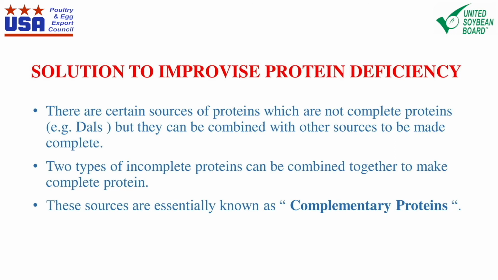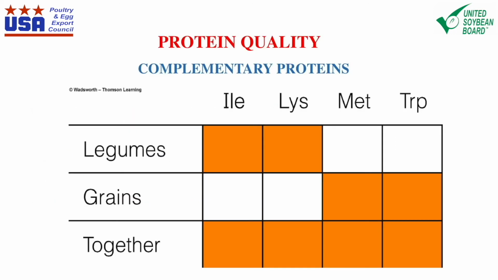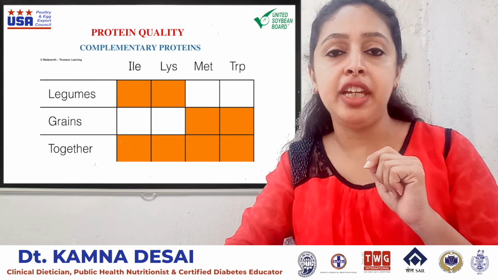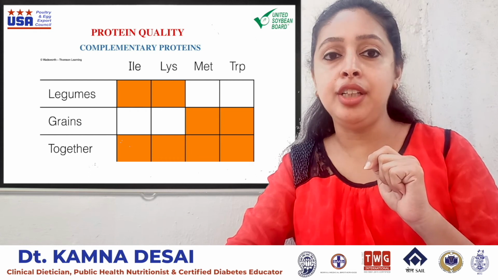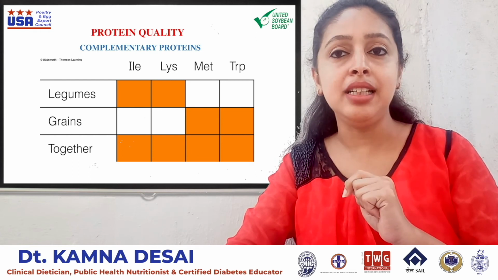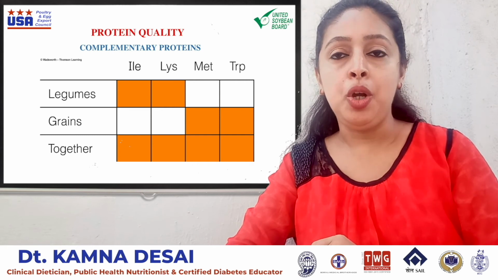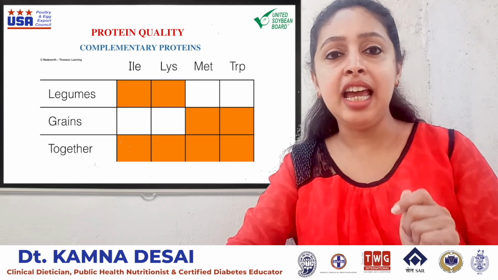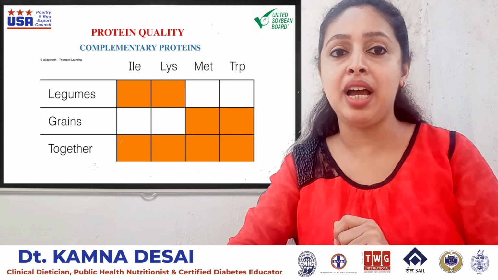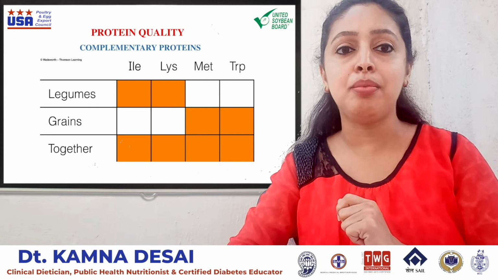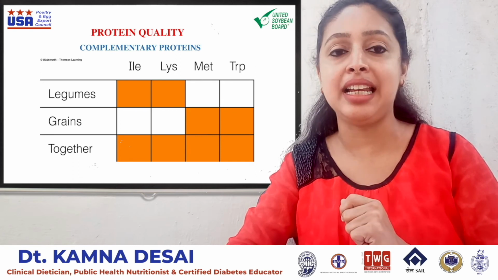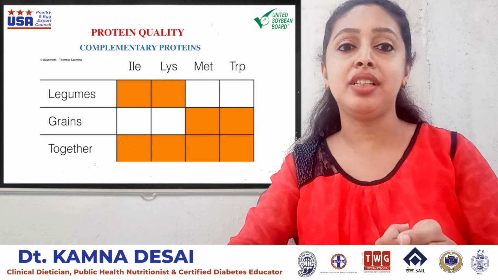If you can see the next slide, it is showing legumes and grains. Both legumes and grains fall in the category of incomplete protein. Legumes are deficient in two essential amino acids, methionine and tryptophan, whereas grains have methionine and tryptophan, but they lack the other two amino acids, isoleucine and lysine, which are present in the legumes.